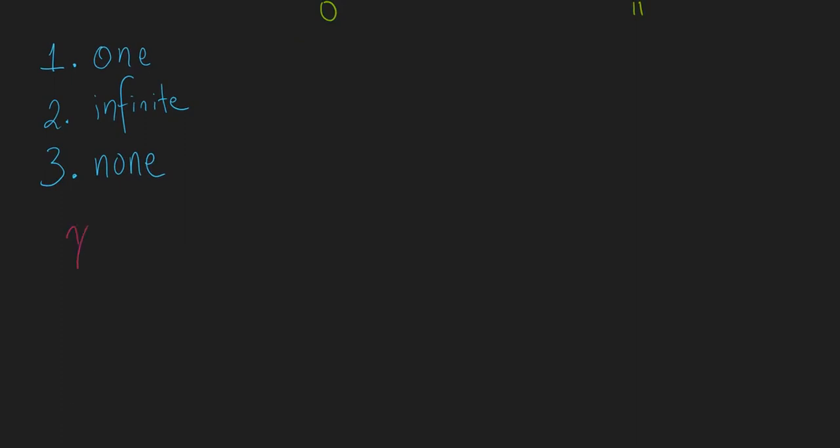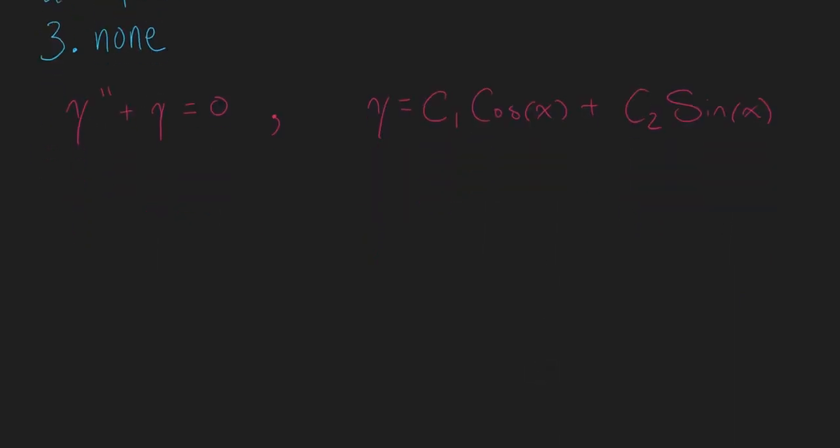We'll have the differential equation y double prime plus y is equal to 0, and it can be shown that the solution is of the form c1 cosine of x plus c2 sine of x. As an exercise, you could find the second derivative of this and add it to y, and you would find that it equals 0.